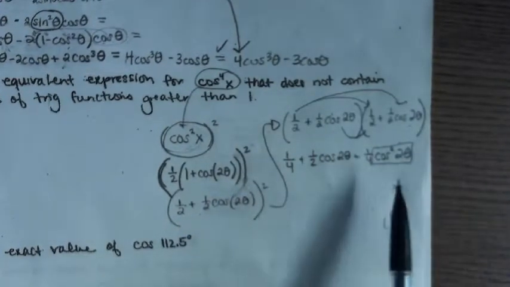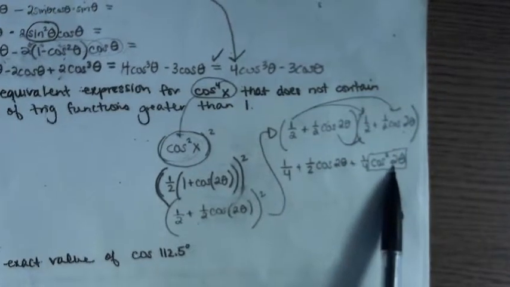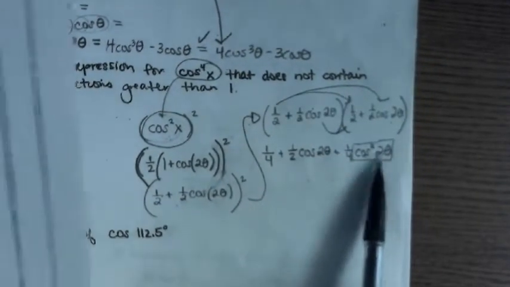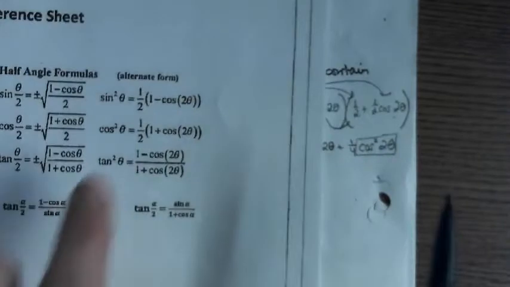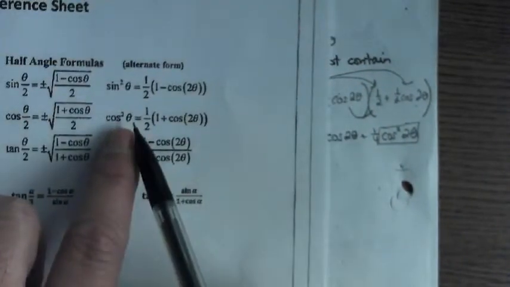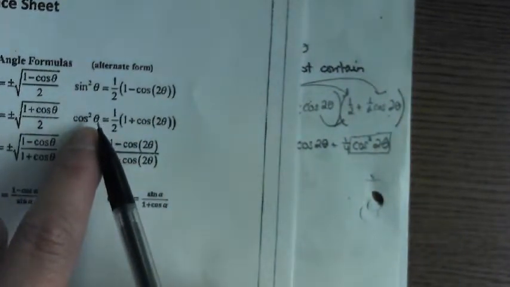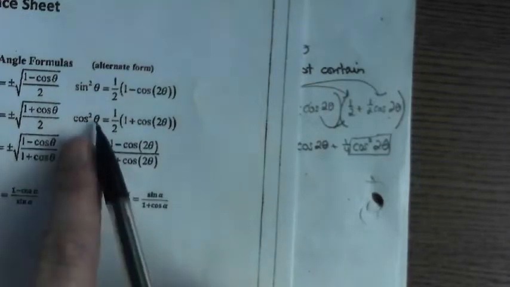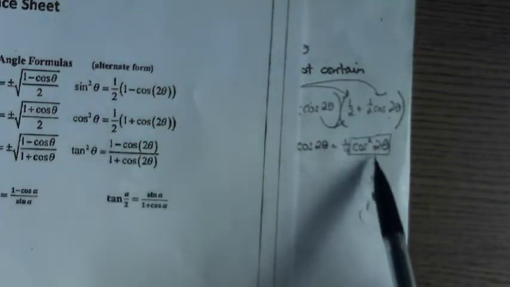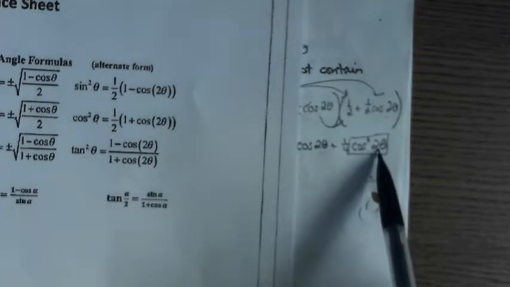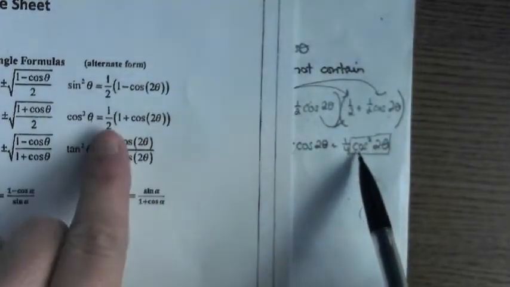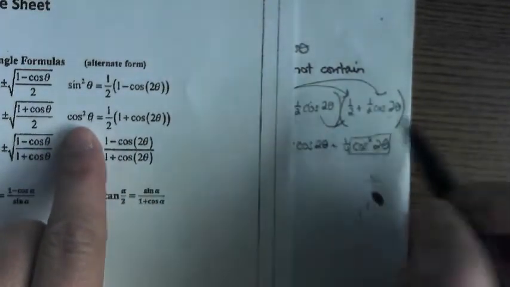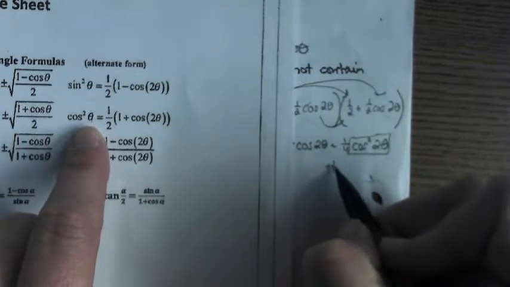But be careful on this power reducing because it's a 2 theta. It's the cosine squared of a 2 theta. Your formula is written for a theta. So our quote-unquote theta in this case is a 2 theta. So when I go to apply this formula, getting rid of the cosine squared, I'll just keep the 1/4.